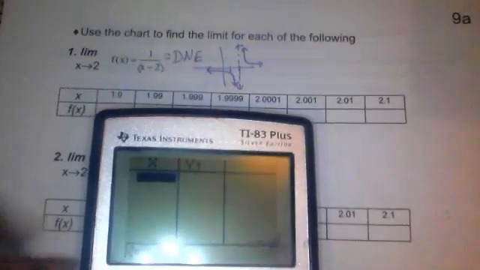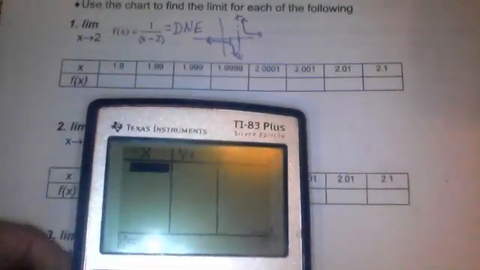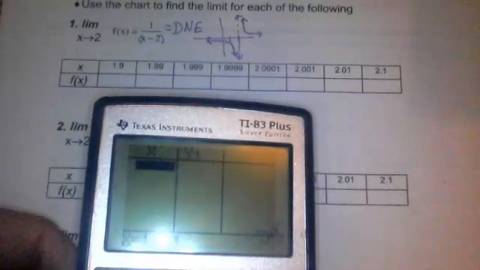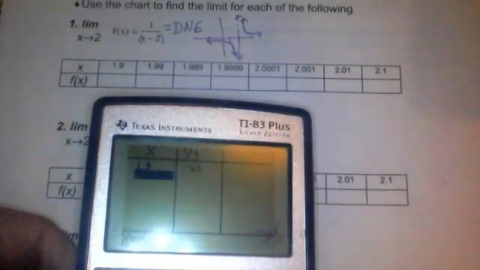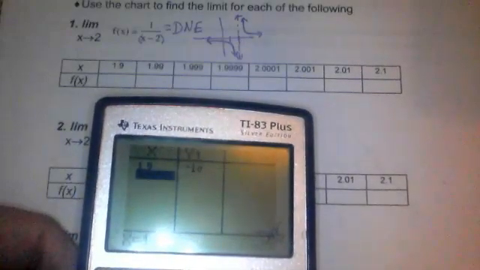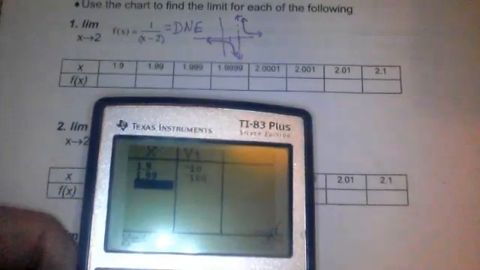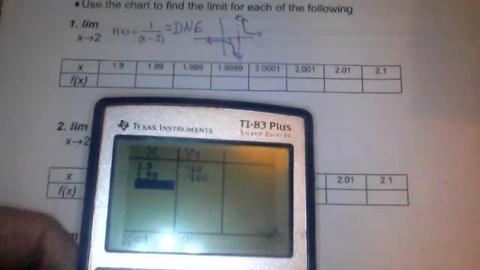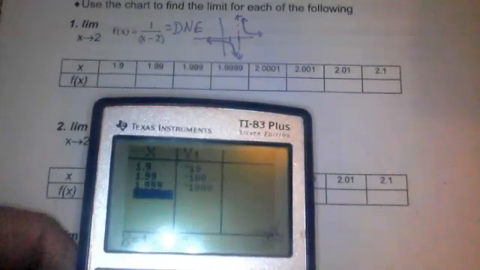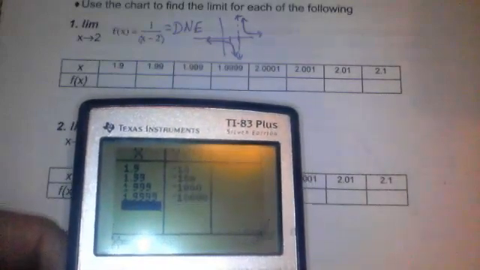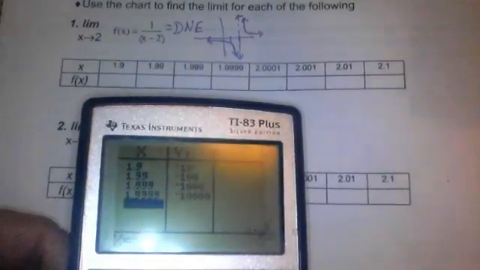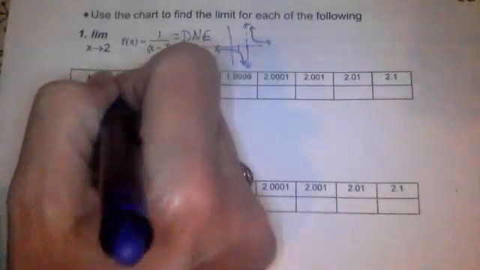All right, that way I can just input these values. So let's fill this in pretty quickly. Here we got 1.9, 1.99, 1.999, 1.9999. All right, so we can see what those values are doing. So let's fill those in. -10, -100, -1,000, -10,000.